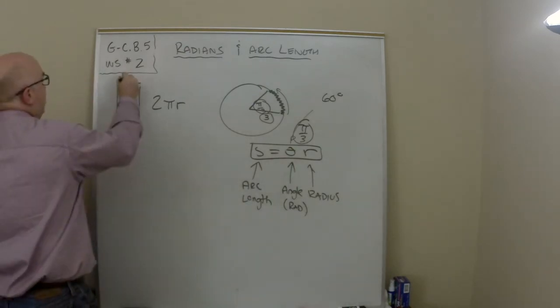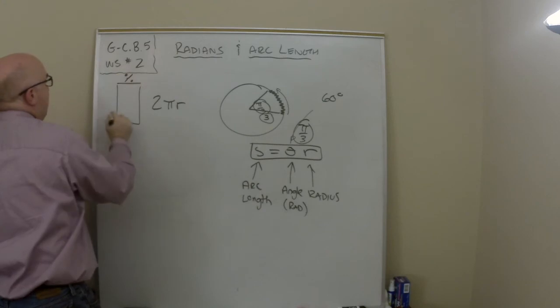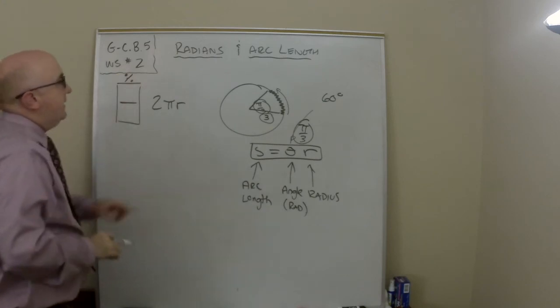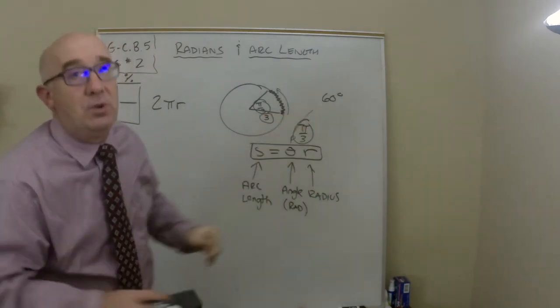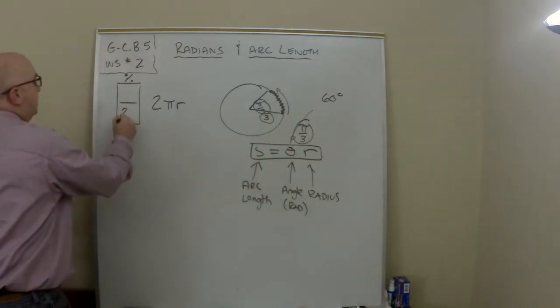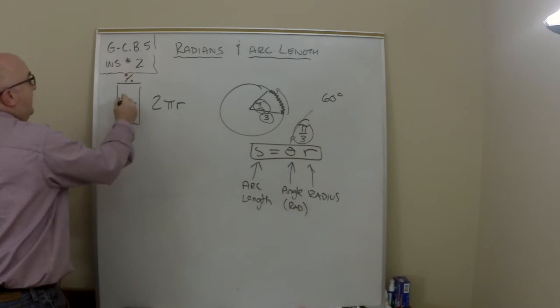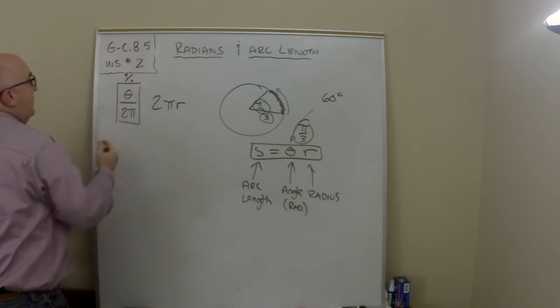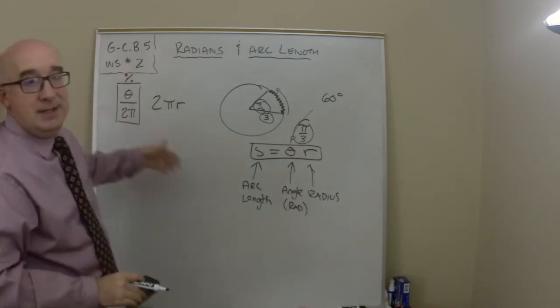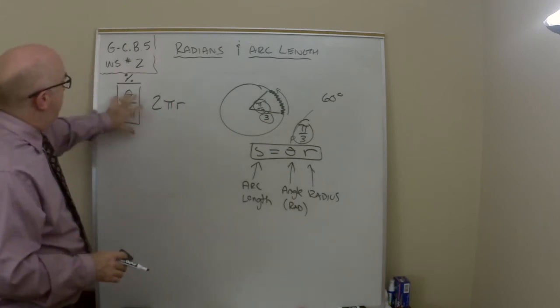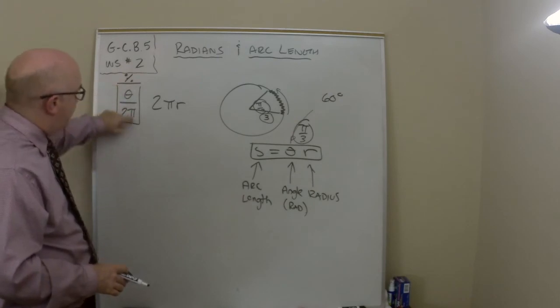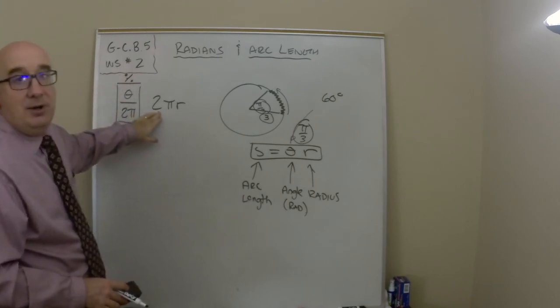If the total circle walk is 2 pi, that's the full walk, full angle, and the amount of the angle we don't know. Is it halfway? Is it a quarter? Is it 3/8? Whatever it is, this would represent a percentage of the entire arc length.